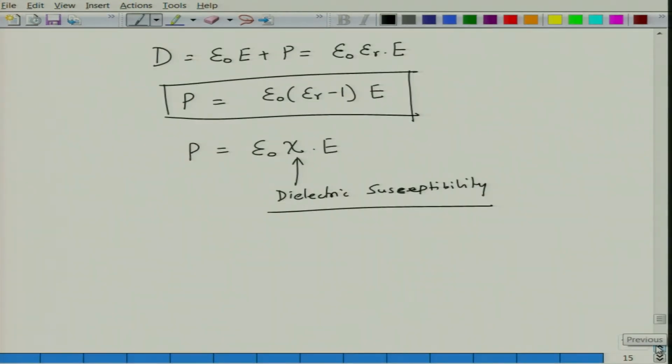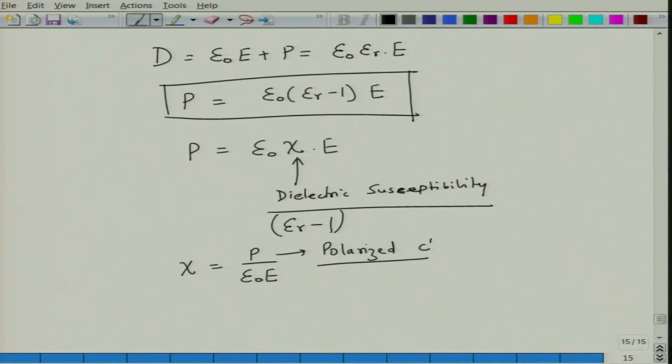All right. So now we have defined a quantity called dielectric susceptibility, which is nothing but epsilon r minus 1. The higher the dielectric constant, the higher the susceptibility, and basically this is the response of the material. So you can say chi is equal to P divided by epsilon naught E. This is also one definition of chi. Basically it is a ratio of the polarized charge, because of bound charges in the dielectric, to the excess free charge present on the plate of a vacuum plate capacitor.